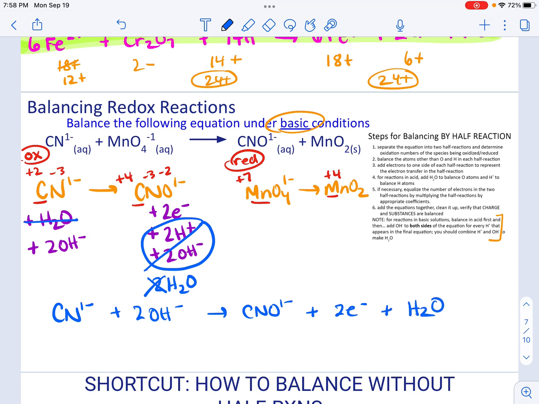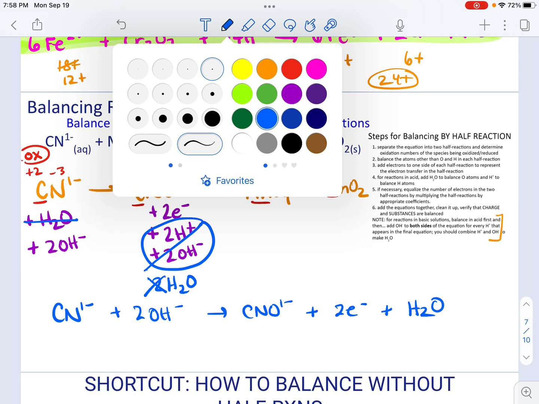And I can check substance and charge again to make sure that I'm correct. I see 3 negatives on the left and 3 on the right and the same number of substances, so that half reaction is complete.